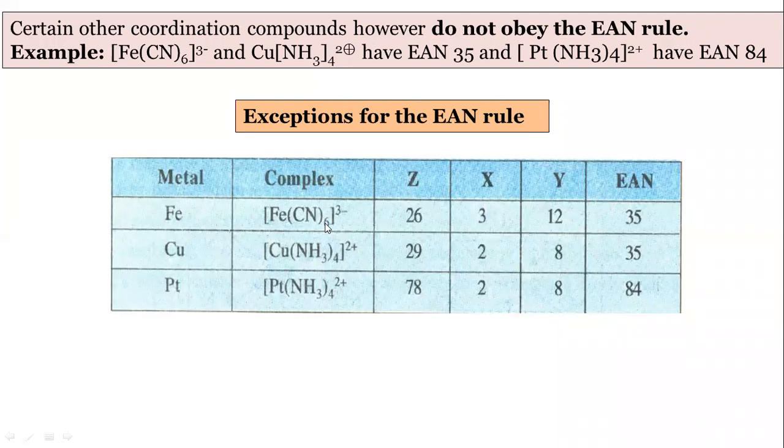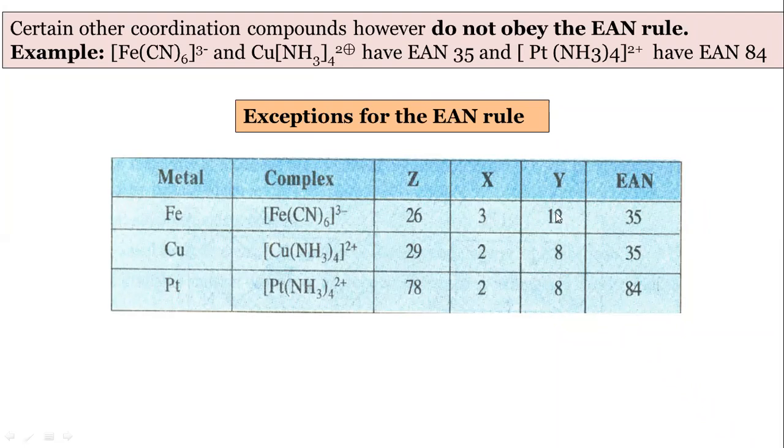So we have to calculate the oxidation state of this Fe. 6 into minus 1: 6 cyanide ligands, because this is an anionic ligand, it has minus 1 charge, so 6 into minus 1 is minus 6. And there is the 3 minus. When this 3 minus comes to this side, the oxidation state of Fe will be +3. So 3 electrons will be lost. So X is 3. And there are 6 cyanide ligands, so Y will be 12.